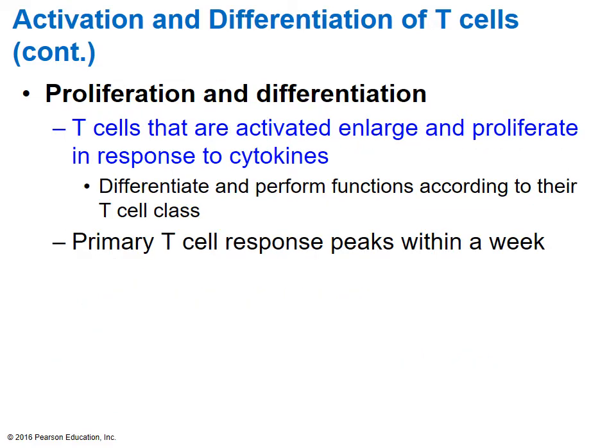Once we've completed the two-step process that's required for our T cell activation, we will see that our CD4 and our CD8 cells will go ahead and start to mature, and as they become primed, the T cells will undergo proliferation as well as differentiation. Now, along the way, the proliferation will increase the number of T cells that will be able to respond to the foreign entity.